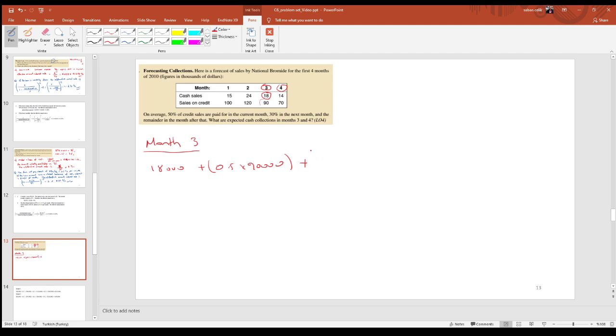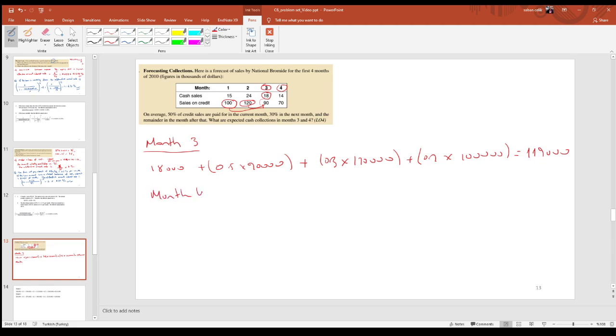So that means 30% of the previous month and 20% of the month before will be collected here. So 30% of 120 plus 20% of 100,000. This will be equal to $119,000.